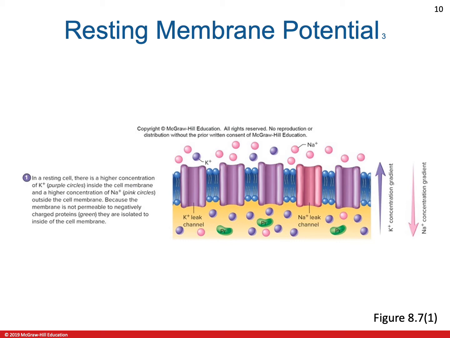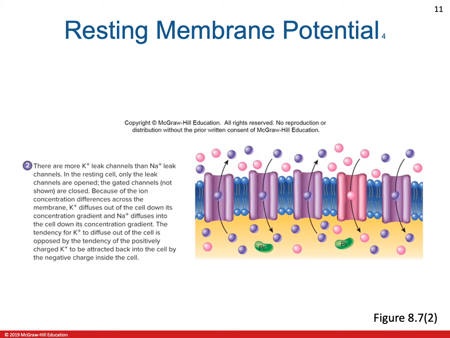The violet is your potassium and the pink is your sodium. There are more potassium leak channels than sodium leak channels. In the resting cell, only the leak channels are open and the gated channels are closed.